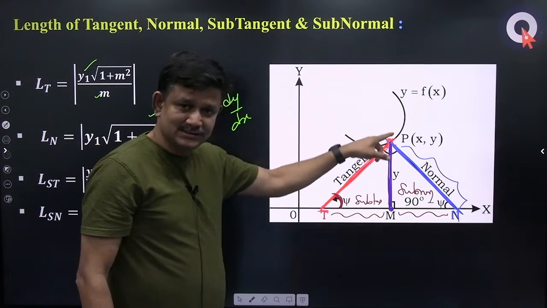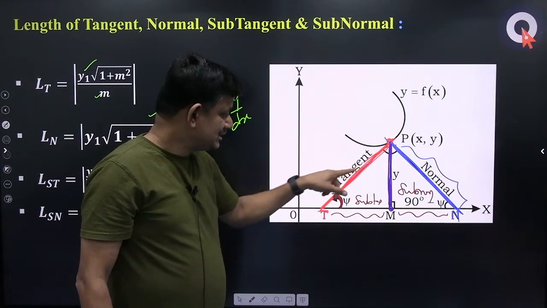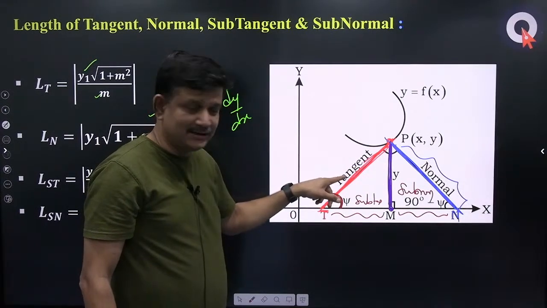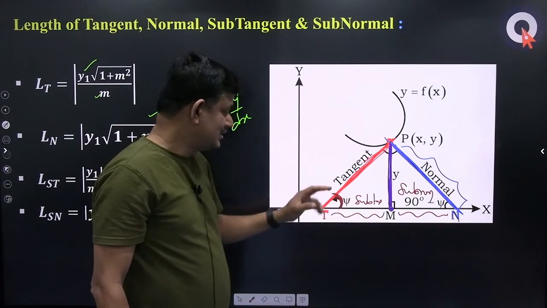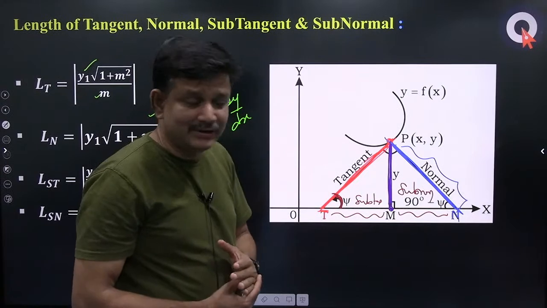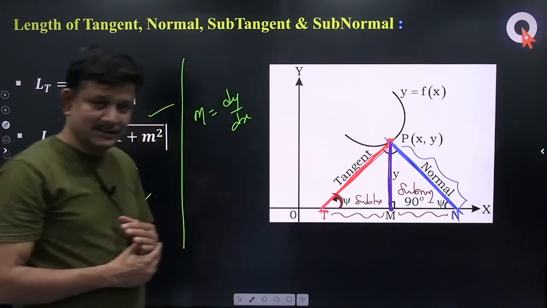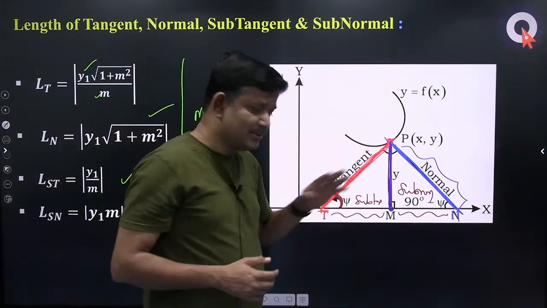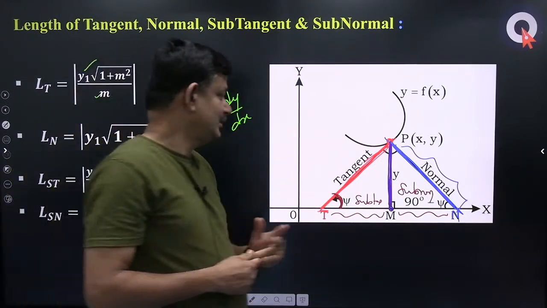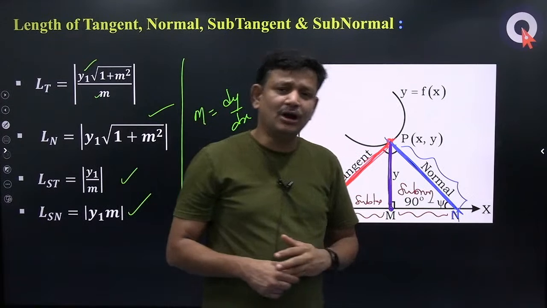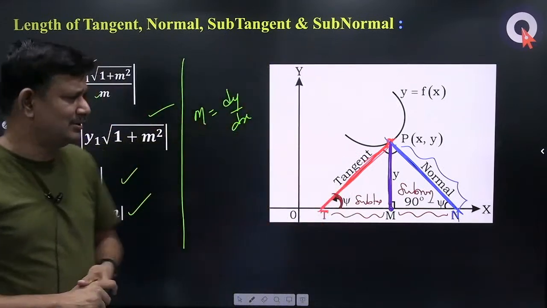This length is y. Opposite side by adjacent side, adjacent side is your subtangent, will give you tan phi. From there, happily you can find subtangent. You can find subnormal from this triangle. Hypotenuse length will be your tangent length. Hypotenuse in this triangle will be your normal length. So basic geometry will give you all these results.